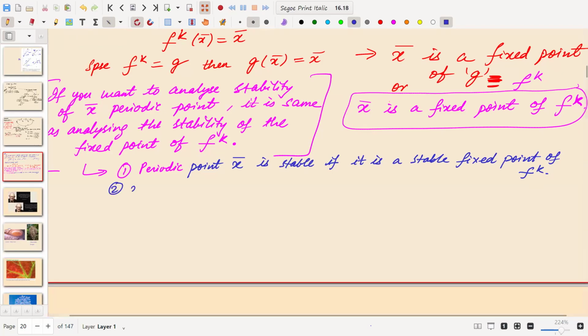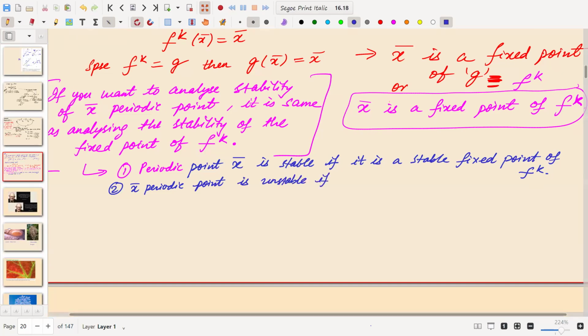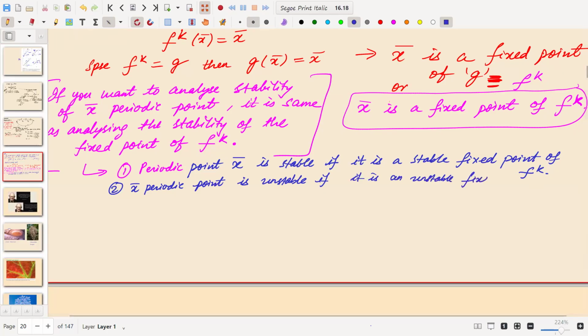Second, a periodic point x bar is unstable if it is an unstable fixed point of f^k.